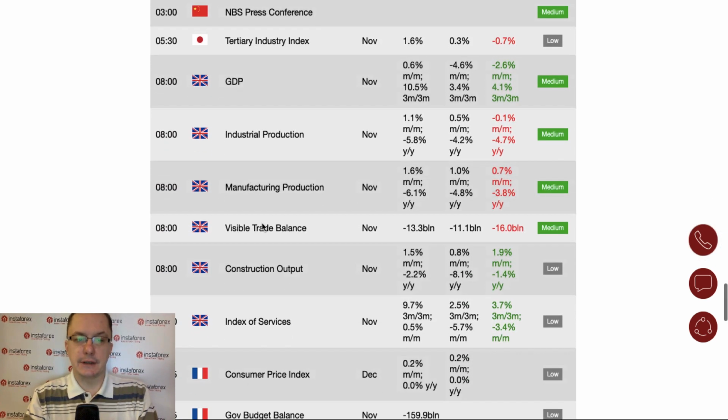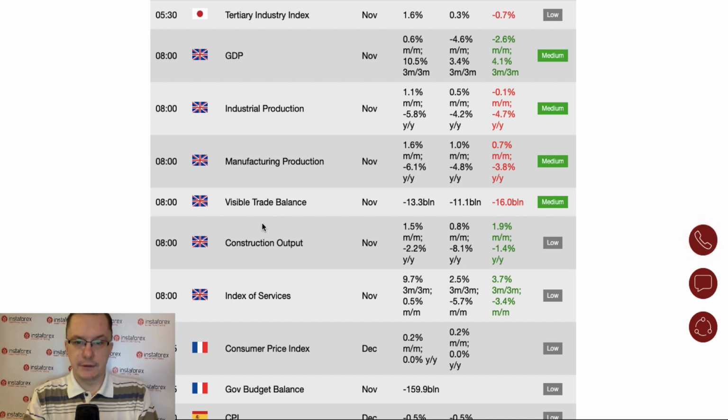There are other data, as you can see, that had been released as well. From the UK, we got the data regarding the GDP, better than expected. As you can see, we are still under the zero level, but it's minus 2.6%, which is better than minus 4.6%. Kind of good data for that situation from the UK. Industrial production a little bit less impressive and more concerning, minus 0.1%.